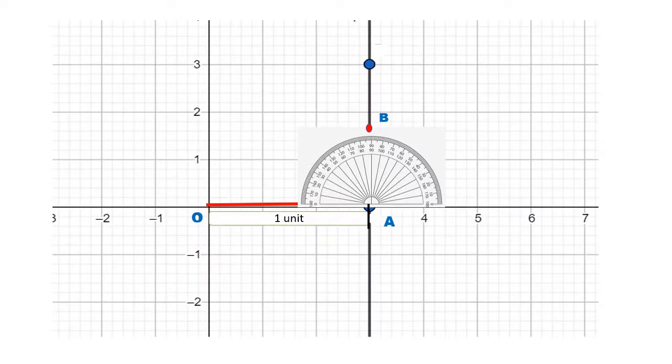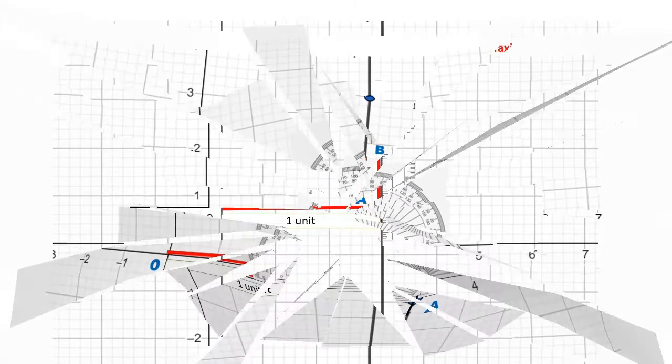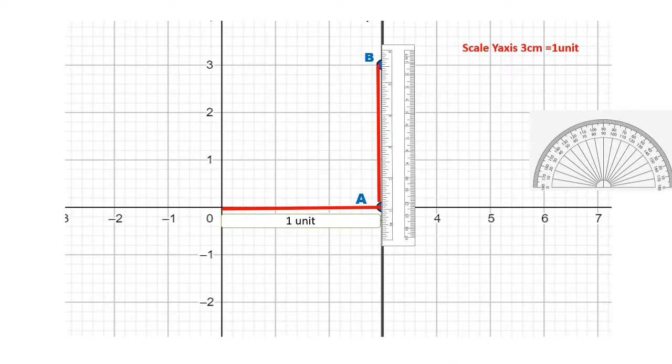Take a protractor, place it at point A, align its 0, 0 to the x-axis, and mark a point B on the y-axis at 90 degrees. Now remove the protractor, take a scale and join the points A and B on the y-axis.